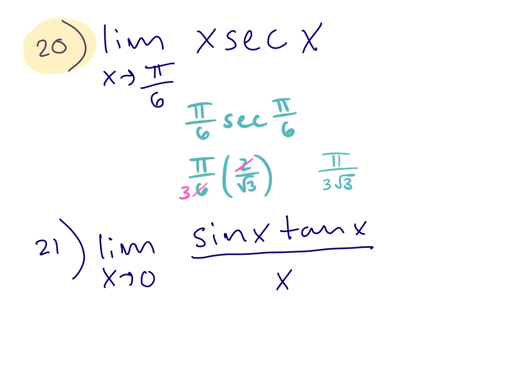So let's multiply our numerator and the denominator by square root 3. So we get square root 3 pi over square root 3 times square root 3 would be 3, so 3 times 3 is 9. So square root 3 pi over 9. Or if you wanted to say pi square root 3 over 9, that's fine too.